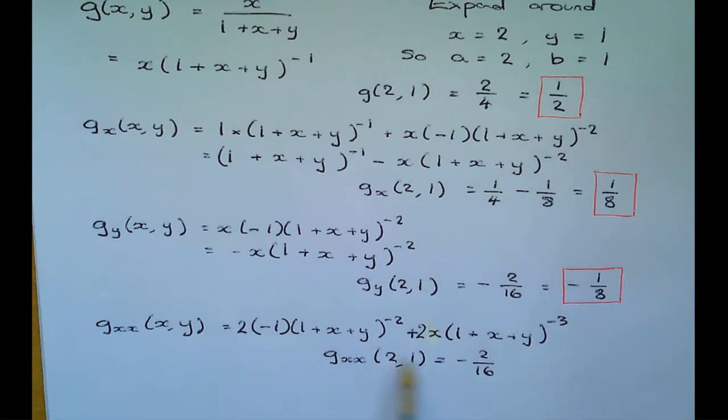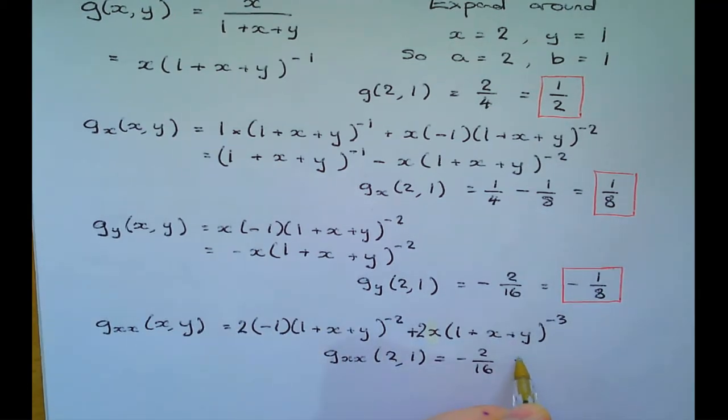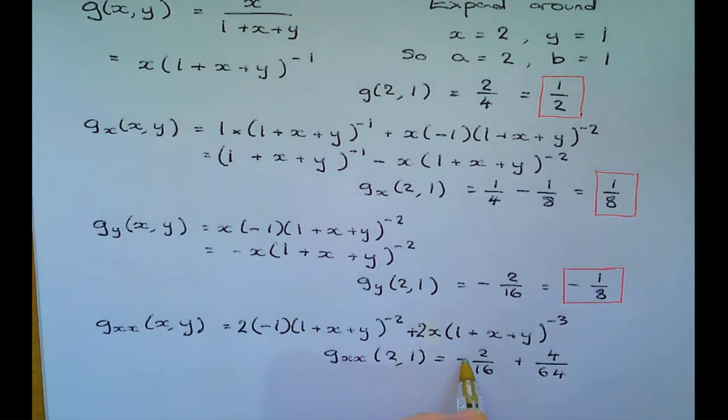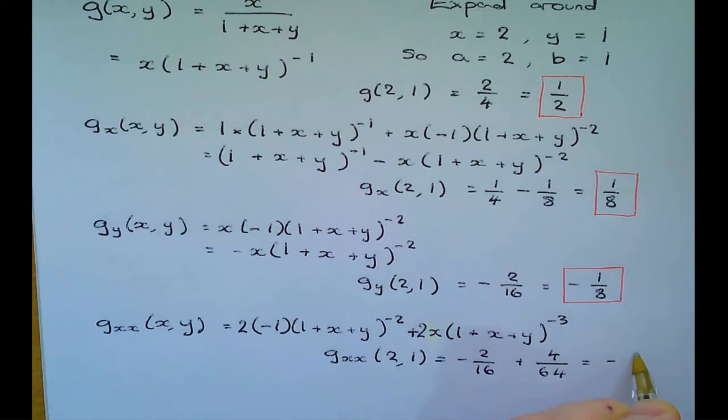And when we evaluate this at the point 2, 1, we have minus 2 over 2 squared plus 2 times 2 over 2 cubed. So we have minus an eighth plus a 16th, we get minus 1 over 16.